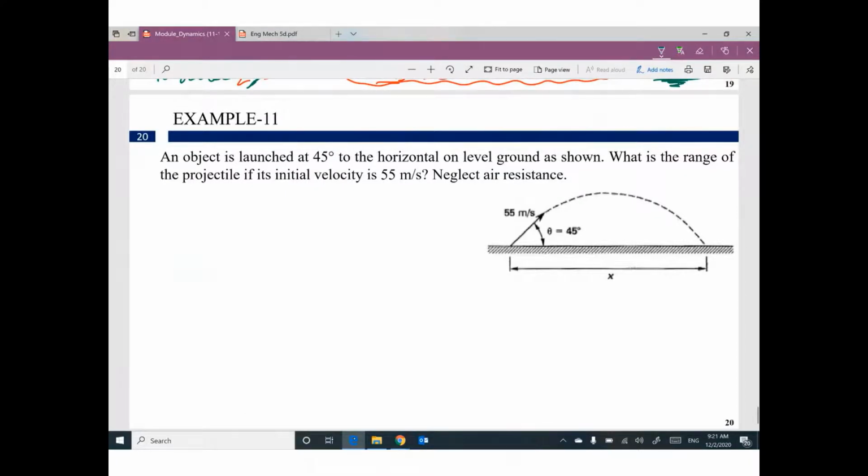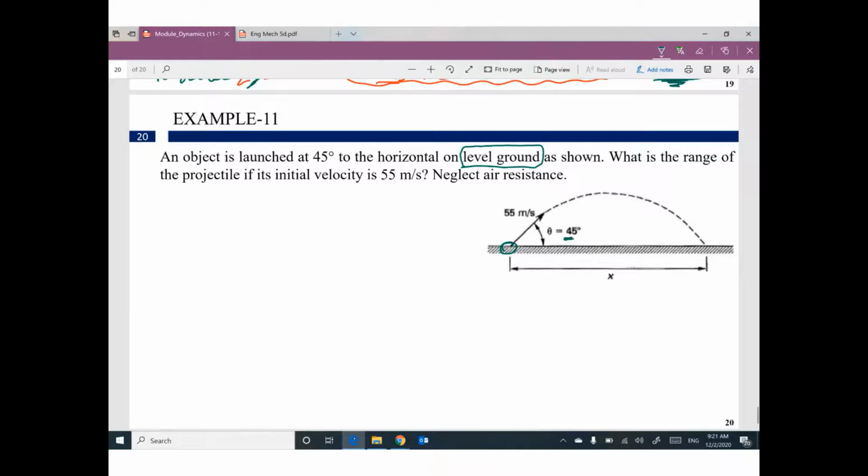We have an object, a projectile also, launched at an angle of 45 degrees from this location on level ground. This idea is very important: level ground surface. Probably on Friday, I will give you another idea for projectile.